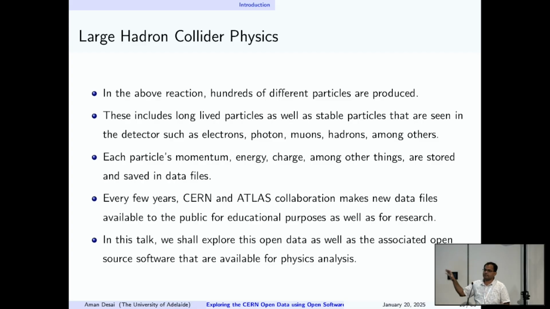All of this is collected and stored in data files by the collider. Every few years, CERN as well as the Atlas collaboration makes new data files available to the public, as well as open source software, and we're going to discuss that.